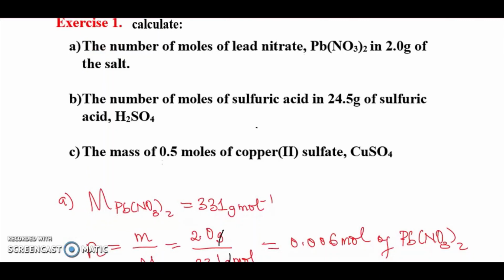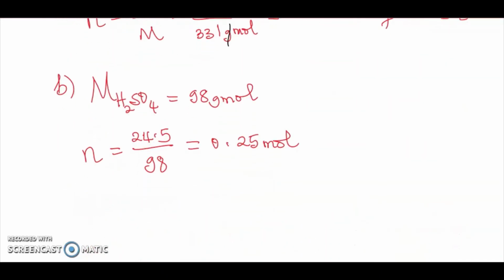I want to calculate the mass of 0.5 mole of copper(II) sulfate. Okay, so we saw it in the triangle that mass is equal to number of mole times molar mass.